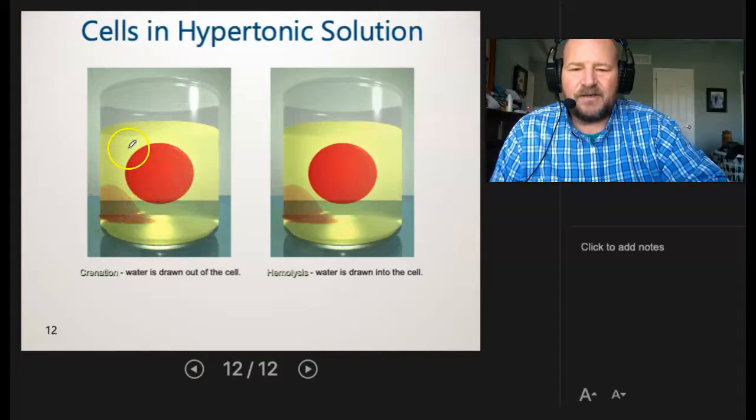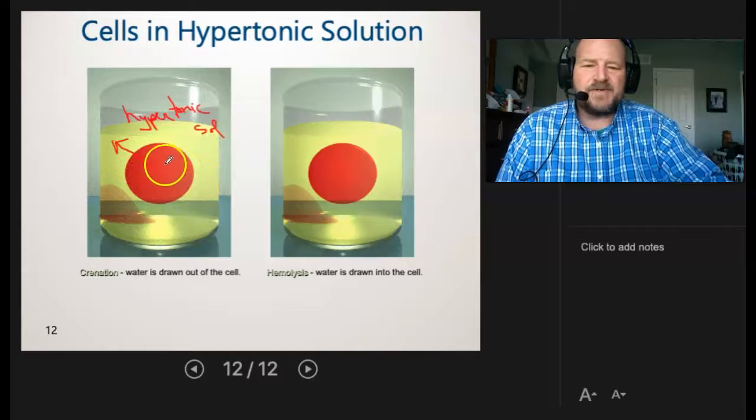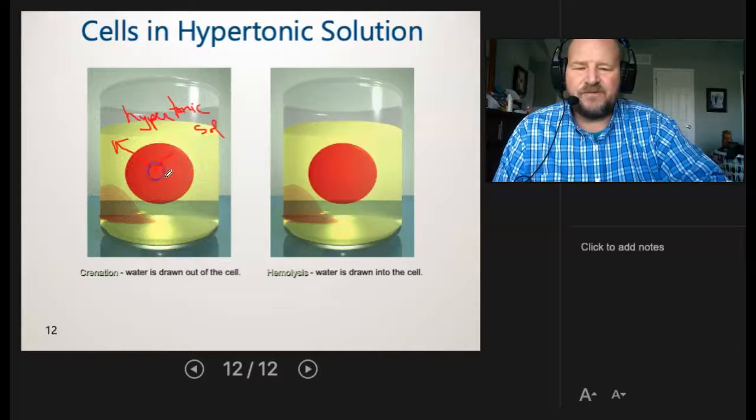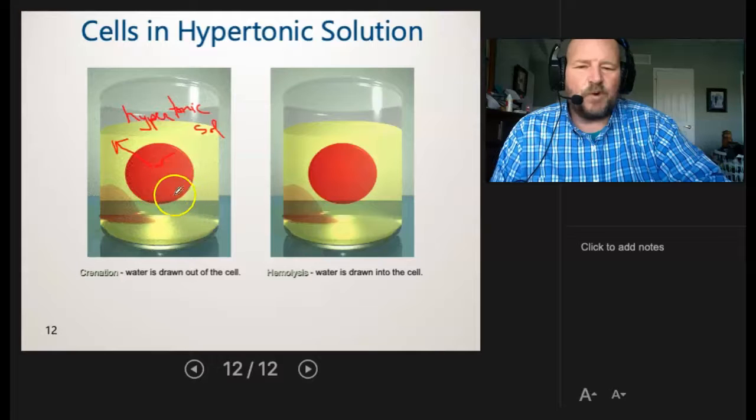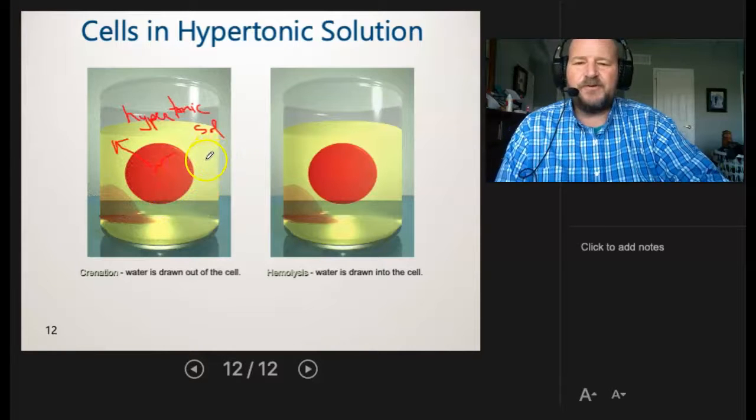And so here, water is being pulled out of the cell because it's concentrated out here. So we have a hypertonic solution. Right, so that means what's going to happen is the cell itself is going to shrivel down and become worthless to us if this concentration is too high.